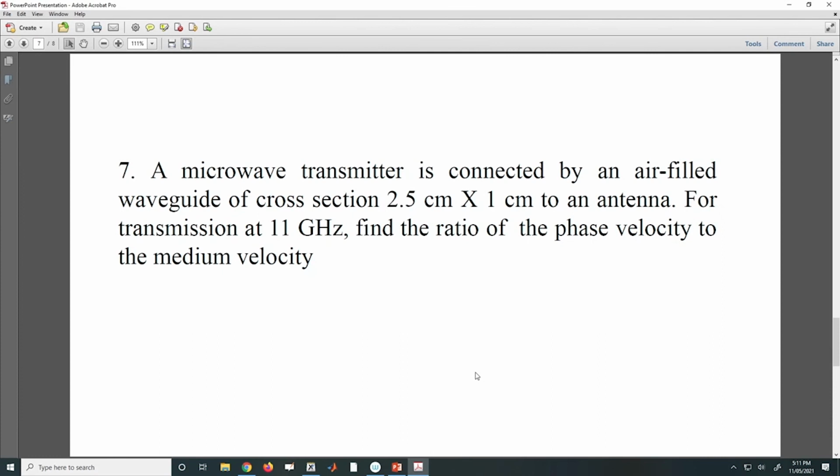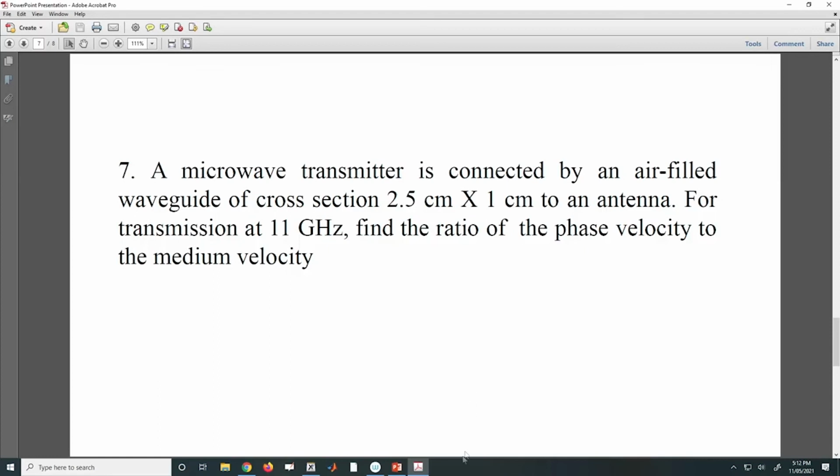So, the next question is, a microwave transmitter is connected by an air filled waveguide of cross section 2.5 centimeter cross 1 centimeter to an antenna. For transmission at 11 gigahertz, find the ratio of the phase velocity to the medium velocity.